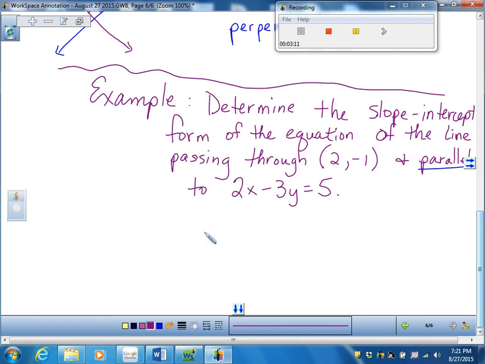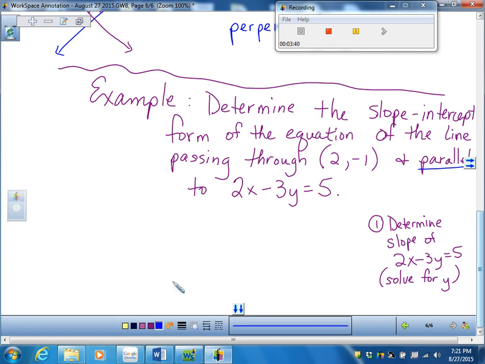First thing we need to do, step number 1, is determine the slope of 2x minus 3y equals 5. So we're going to have to do a little bit of algebra. In other words, we have to solve for y. Get the equation to y equals form.